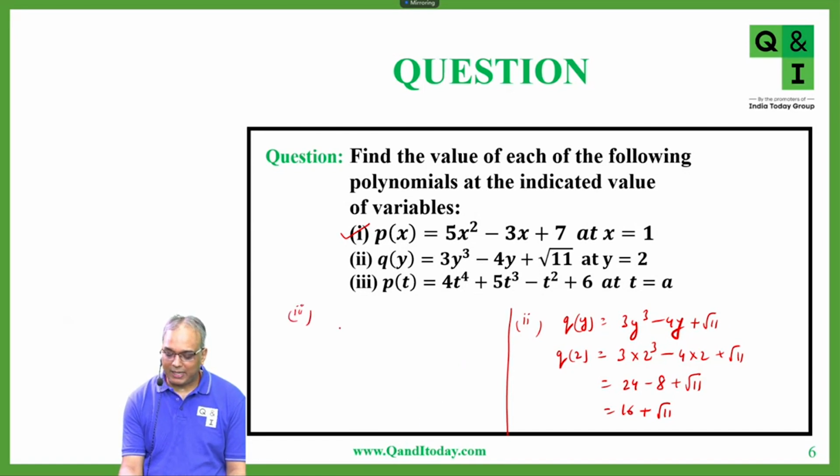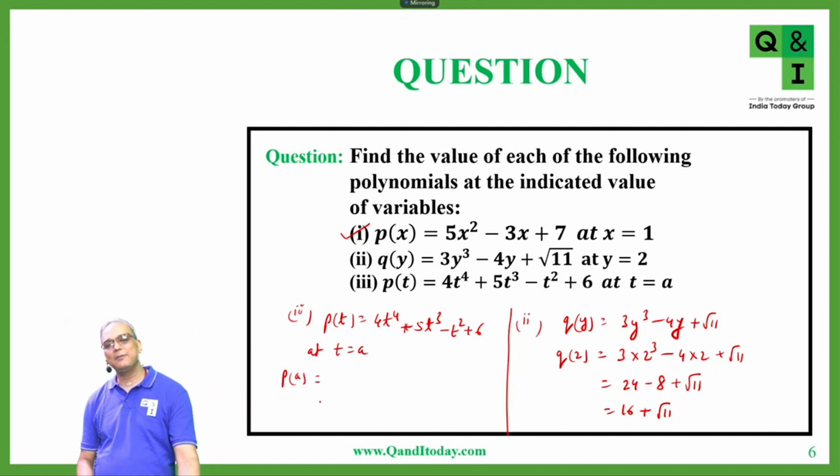So third part is P of t is 4t to the power 4 plus 5t cube minus t square plus 6. You have to find the value at t is equal to a. So P of a, simply replace t by a.